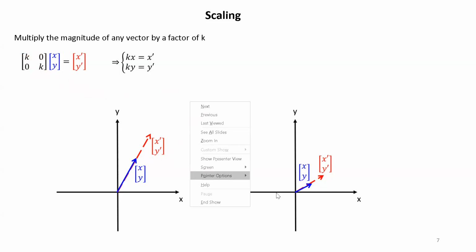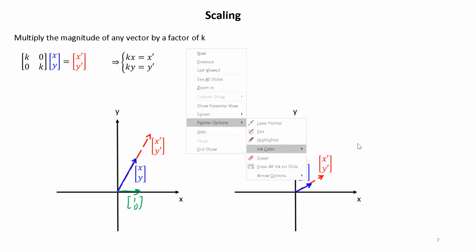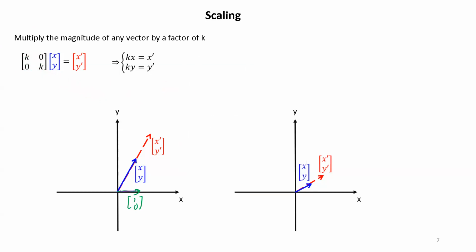When I want to write down this matrix, as I said, I need to ask myself two questions. The first question is, how does (1, 0) transform? If you take the scaling, it will become a longer vector, (k, 0), because my scale factor is k.